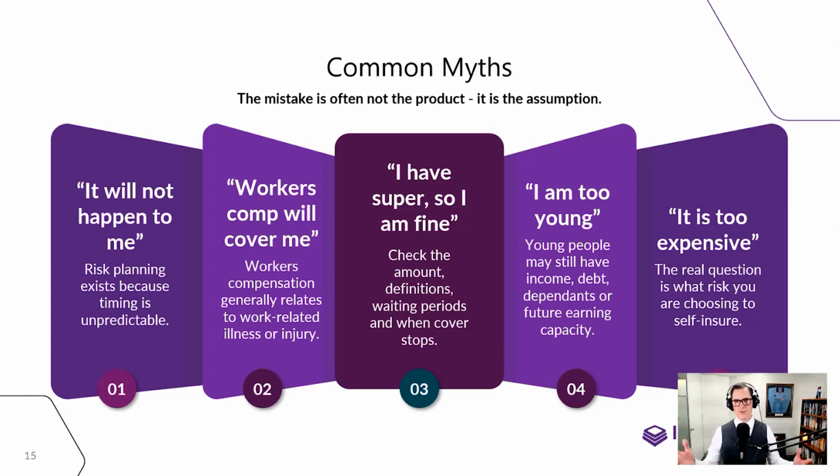Of course, that's silly to even contemplate because we don't know. No one knows what might happen to us in the future and when the Almighty is going to come and grab us. So the idea that it won't happen to you is a bit risky, in my view, to adopt.